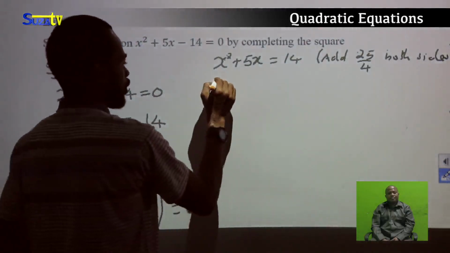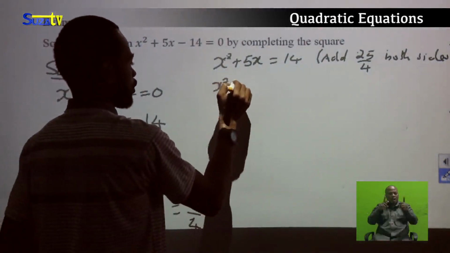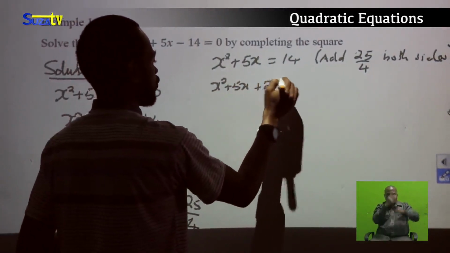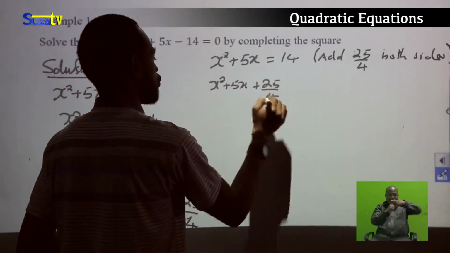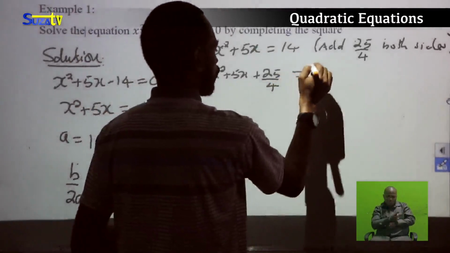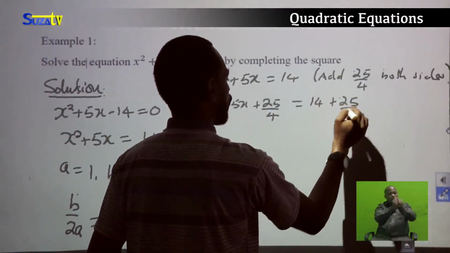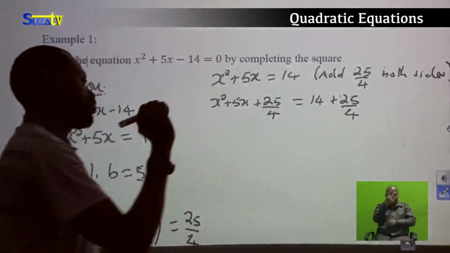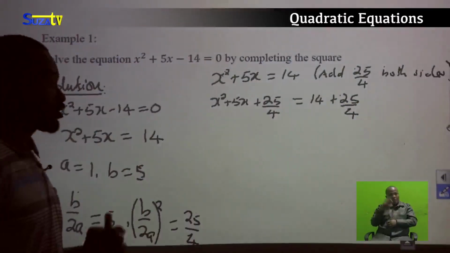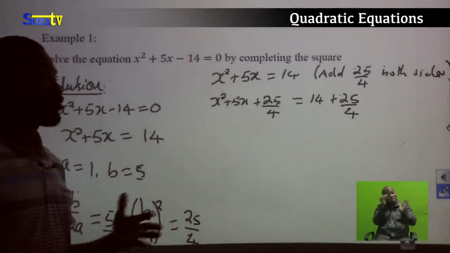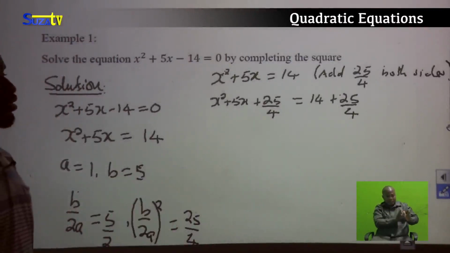So it's going to be x squared plus 5x plus 25 over 4 is equal to 14 plus 25 over 4. That is the rule of mathematics: whatever you do on the left, you are supposed to do the same thing on the right.